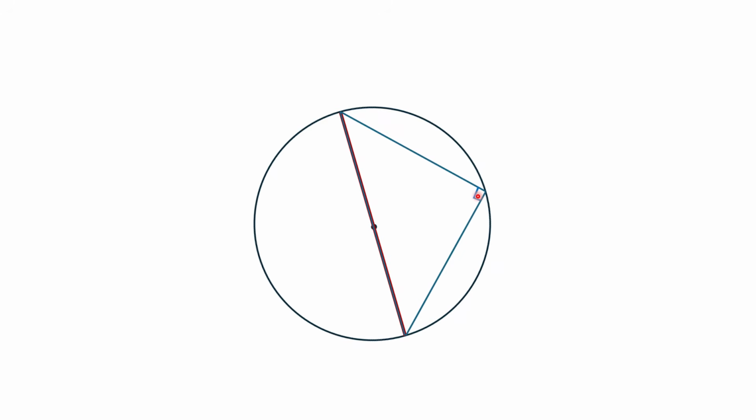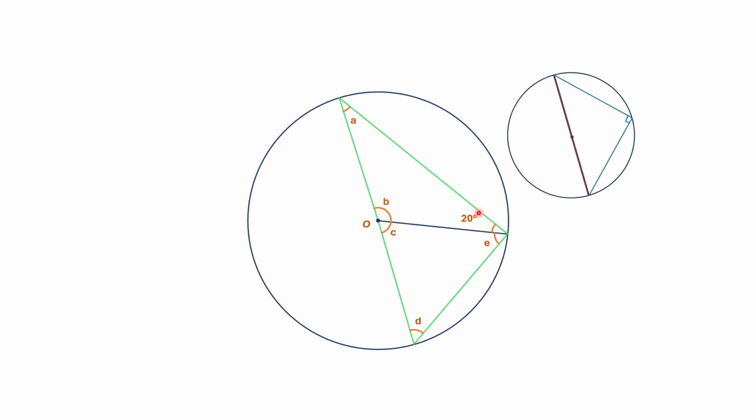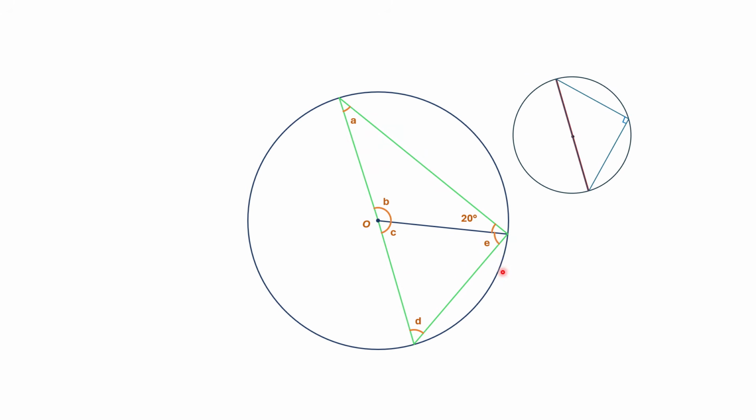If we compare this to this one, that means all this here is 90. Since that small one is 20, that means E is 70 because 20 plus 70 is 90. That's it for E. It's 70. Now, let's make it blue again.